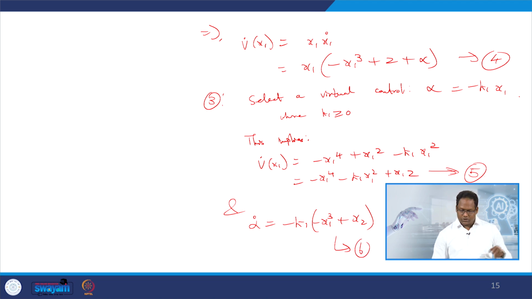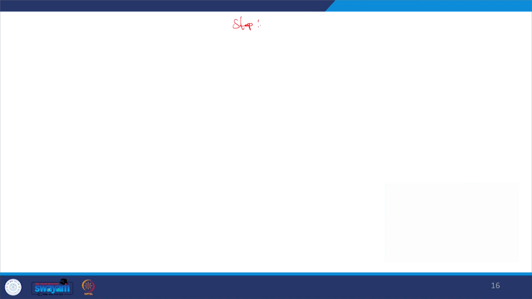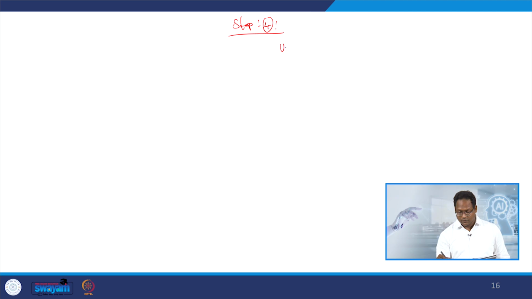Let us move on to step number 4. Here, the virtual state equation in terms of z dot is given as z dot equal to x2 dot minus alpha dot, which can be written further as x2 square plus u minus alpha dot.